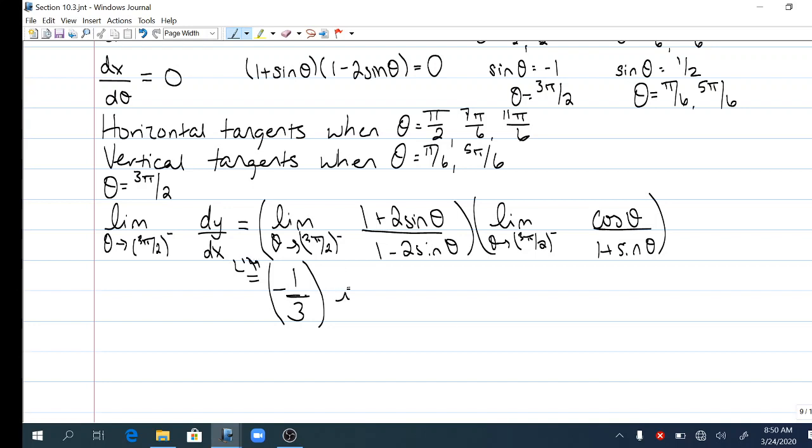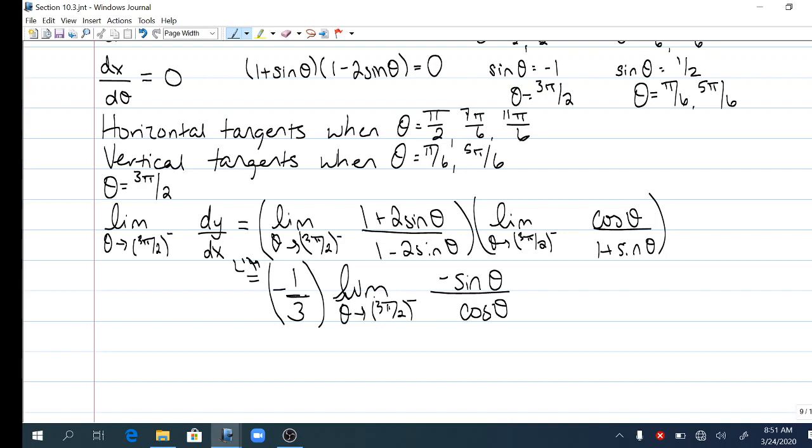So we'll take the derivative of both the numerator and the denominator. The derivative of the numerator would be minus sine theta. The derivative of the denominator would be cosine theta. Now if I plug in 3 pi over 2 from the left, this is actually minus tangent theta.